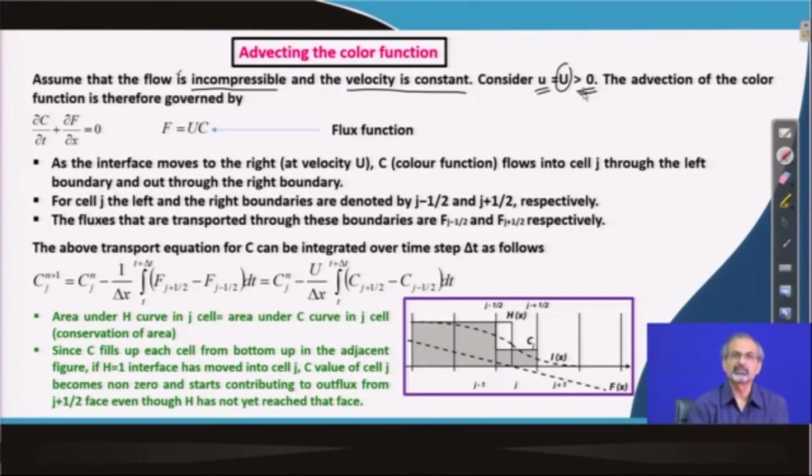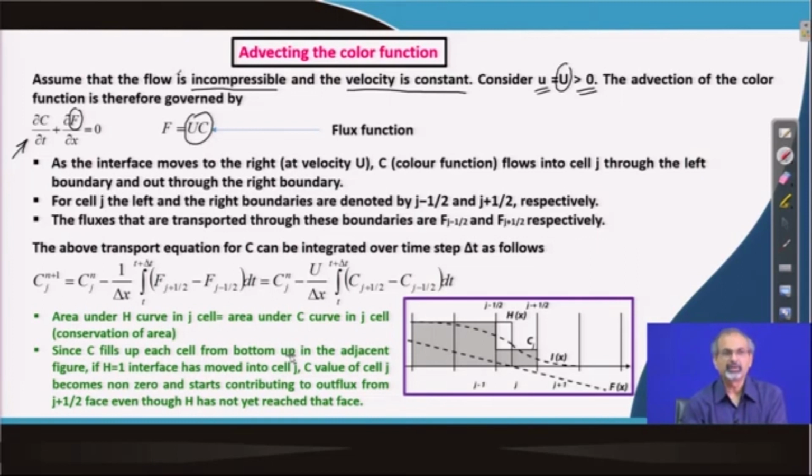The advection equation is written in this manner, where f is the flux function, in a conservative form as shown here. Under the influence of the positive u, the interface would move from left towards the right as time progresses.